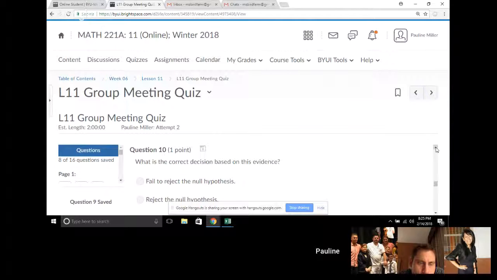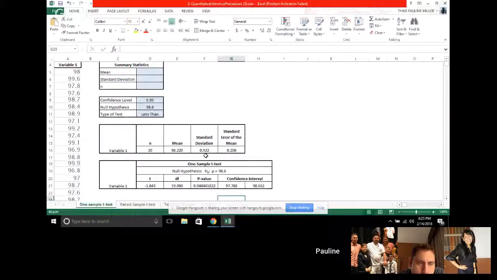Now, what is the correct decision based on this evidence? We just gotta compare it to the alpha, 0.05, and look at the p-value and the alpha. Can you help me with that, Paulina? I got my notes right here. If it's greater than 0.05, you fail to reject.